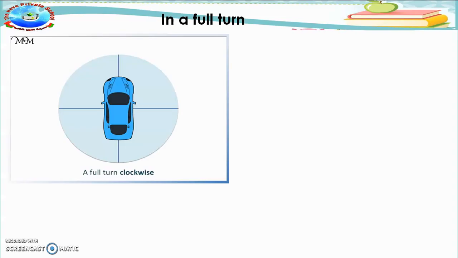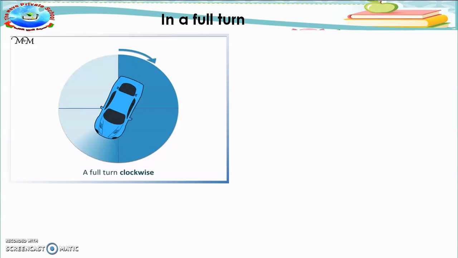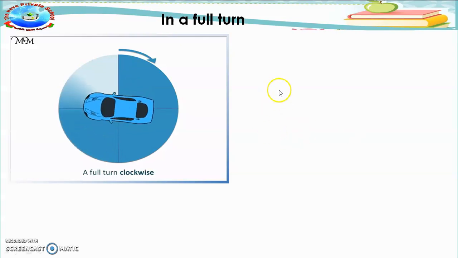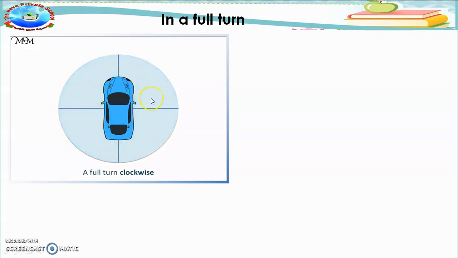Next, let us see what happens in a full turn. The car moves in the same direction as a clock until it has reached its starting point. That is the full turn clockwise. Look at this.